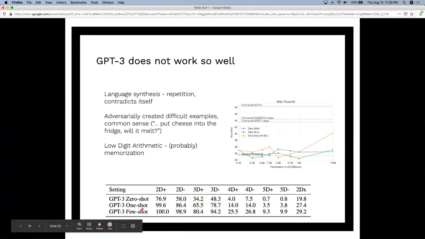For 2-digit addition, for few shot, it works perfectly well. For 2-digit subtraction, almost there. And then when you go to 5 digits, it doesn't work well. So it's not learning the rules of arithmetic in any way. If it is, then why would it give 25% accuracy on 4 digit and 9% on 5 digit? There is no way. So 90%, it is some kind of memorization happening inside the model weights.